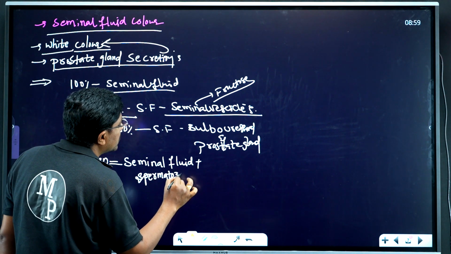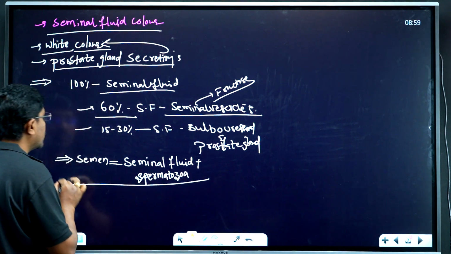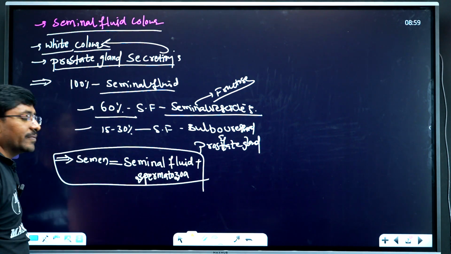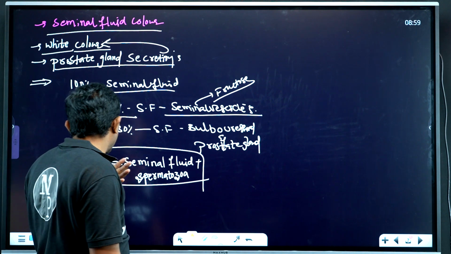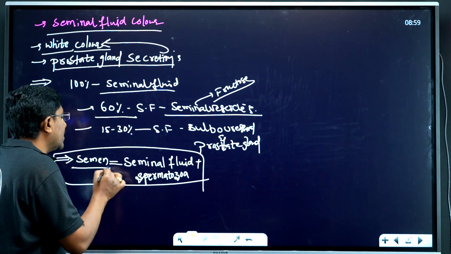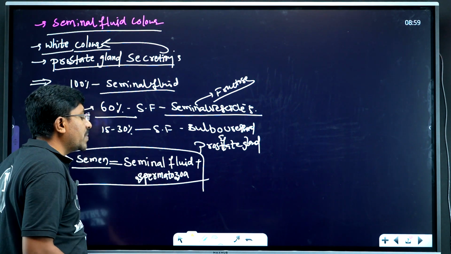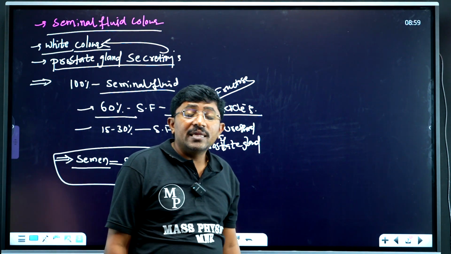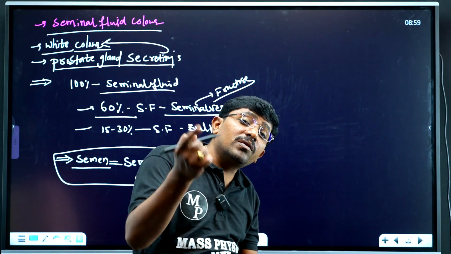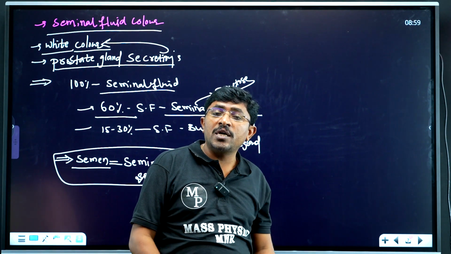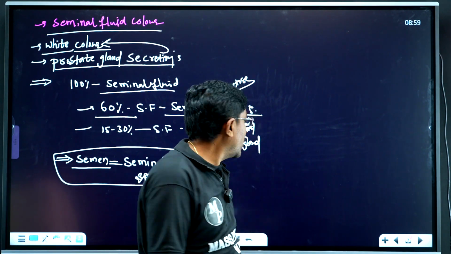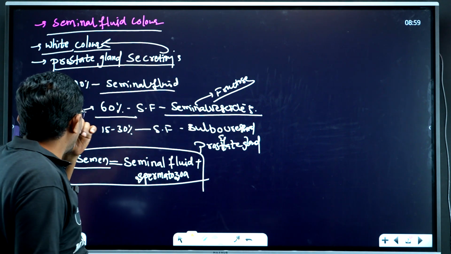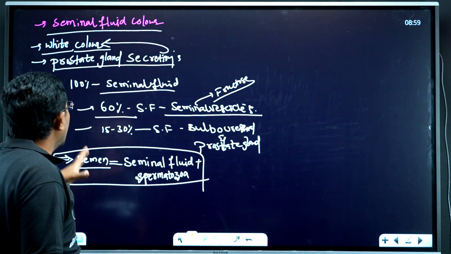Seminal fluid plus spermatozoa constitute what is called semen. This is the important thing. Semen contains seminal fluid and spermatozoa. The semen can be ejaculated into the female reproductive tract during copulation. So this is the detailed information on seminal fluid.